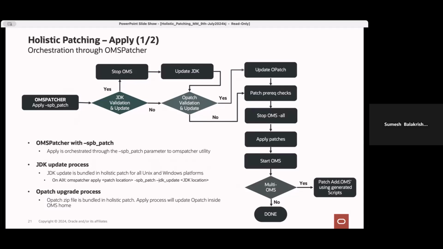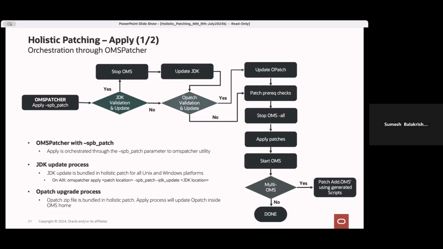Once the OPatch is updated, it will run the patch prereq checks, and if there are any conflicts or anything, it'll return an error. If there are no patch prereq errors, then it will execute the complete stop of the OMS, and then apply the patches using OPatch apply. And once the patches are applied, it will start the OMS.